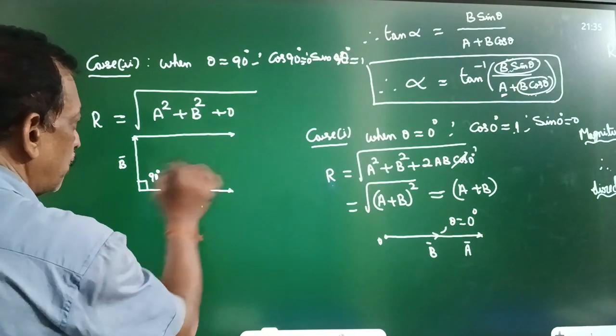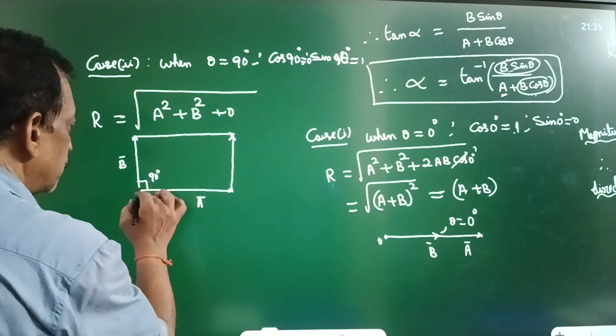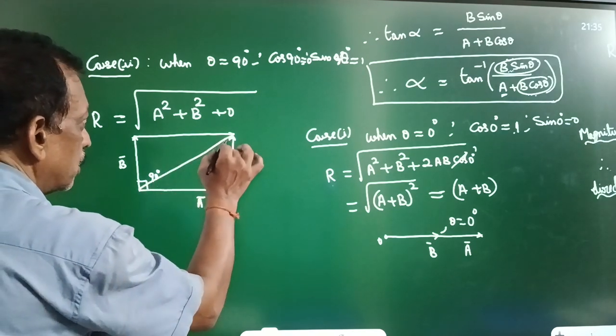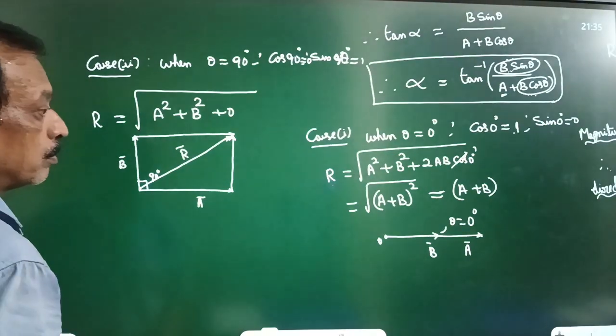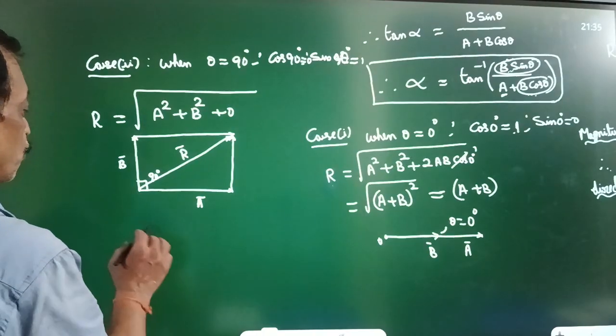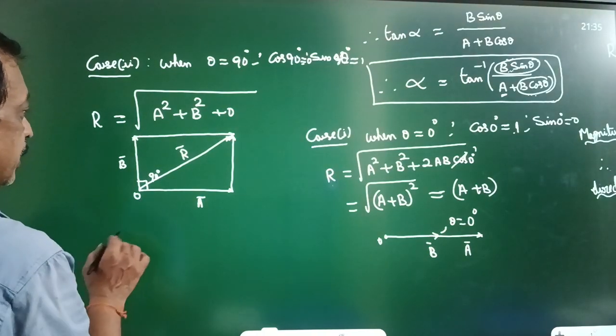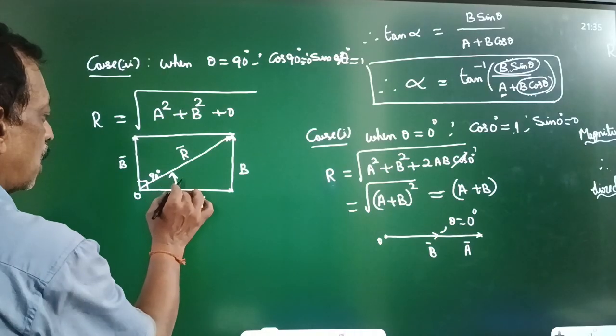Parallel to A and parallel to B, I am drawing this. This is the R resultant vector. Next, this is the B vector. This is alpha.